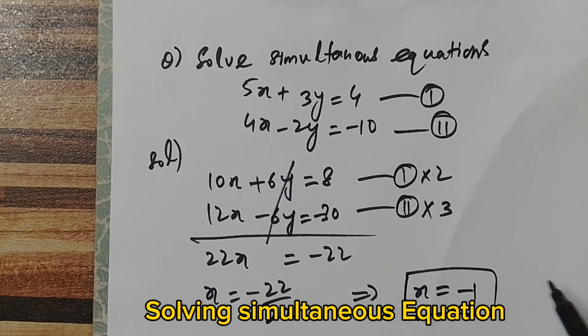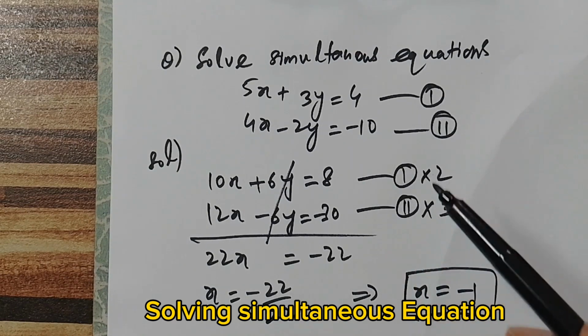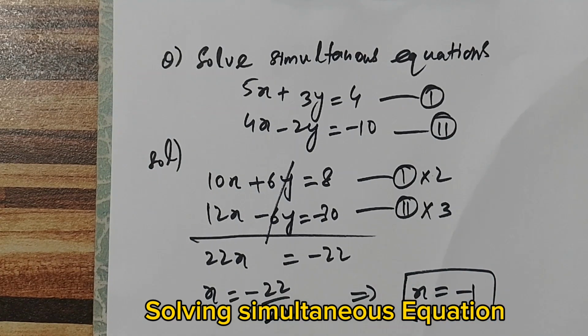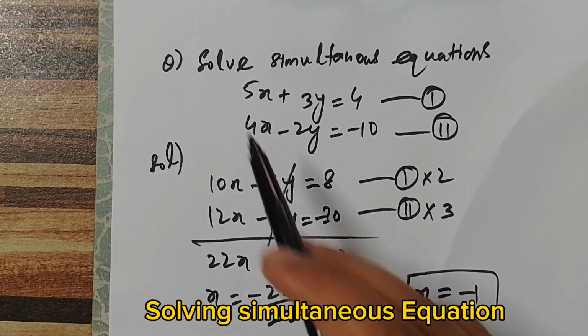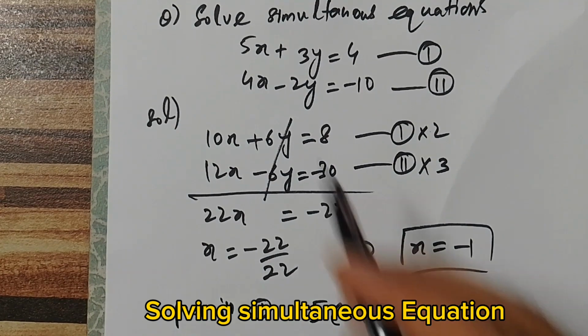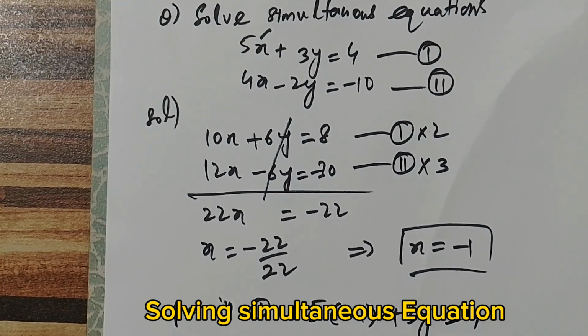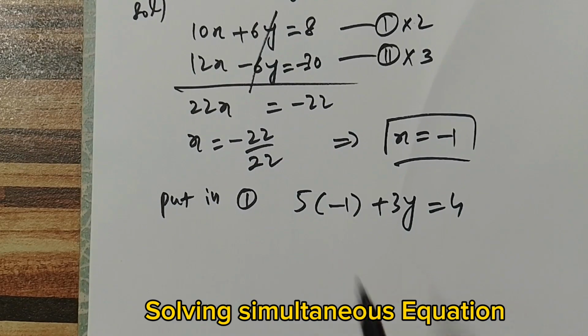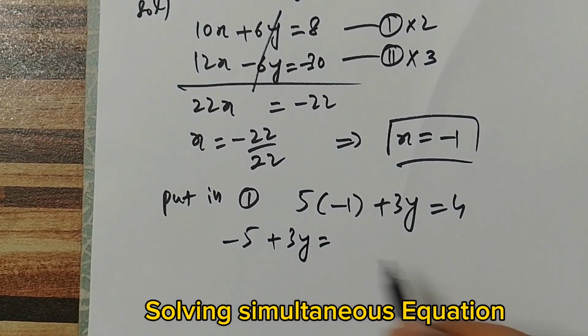Now as I have found the value of x, minus 1, this can be put in either of the equations 1 or 2 to get the corresponding value of y. Let's put it in equation 1, and 1 becomes 5x plus 3y equals 4. In place of x, I'm going to put minus 1, and if this is simplified, this gives me minus 5 plus 3y equals 4.